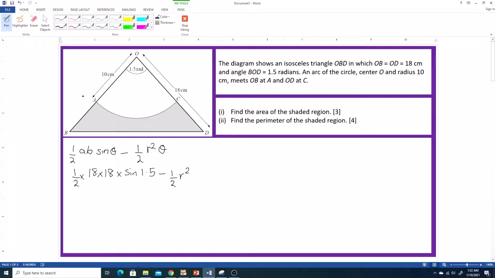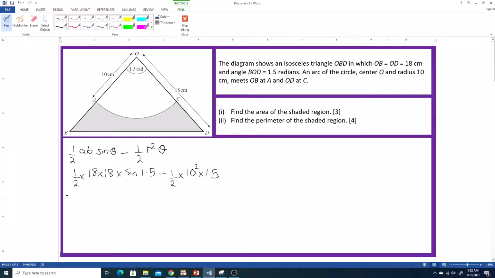our r squared, let me just erase that. So our r squared is 10 centimeters, that's the radius of the circle, squared, times theta, which is 1.5.